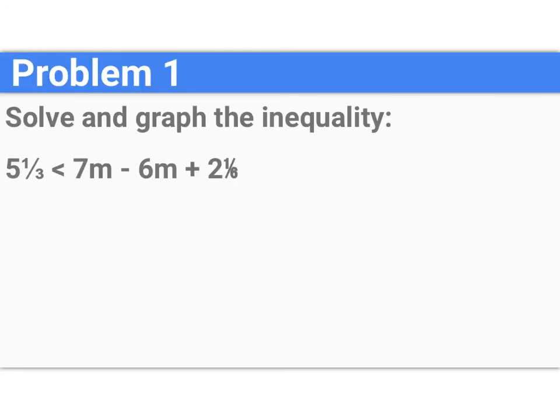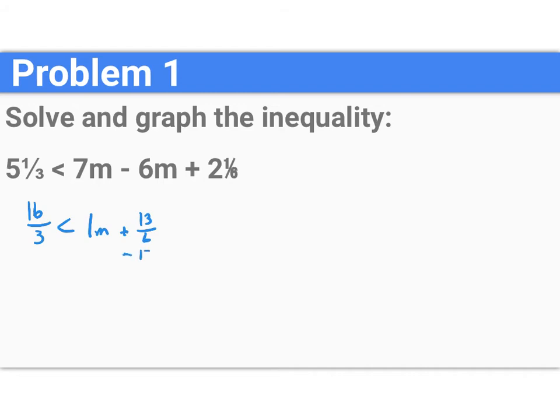Okay, 5 1/3 is less than 7m minus 6m plus 2 1/6. So I'm going to convert these to improper fractions because I know when I divide by 3 and 6, I get repeating decimals. So I get 16 over 3 is less than 1m plus 13/6.